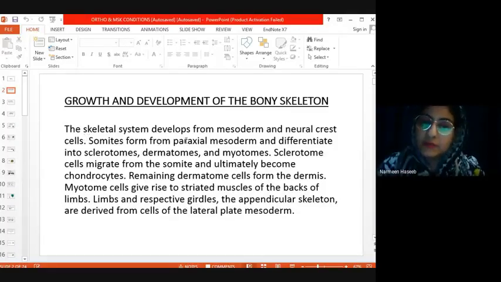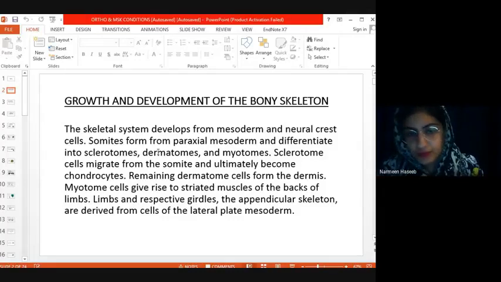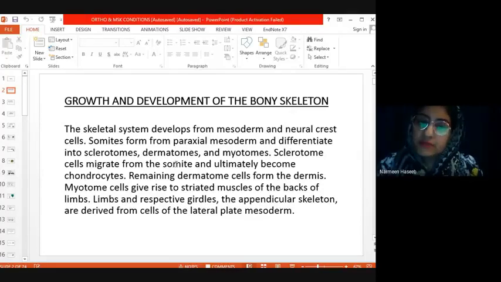Then somites are formed from the paraxial mesoderm and differentiate into the sclerotomes, dermatomes, and myotomes. Sclerotomes are the ones which give rise to the bone and the skeletal tissues. Sclerotome cells migrate from somites and ultimately become the chondrocytes.